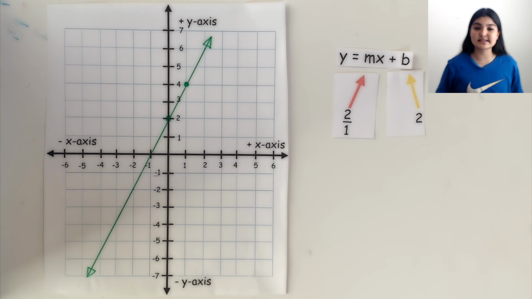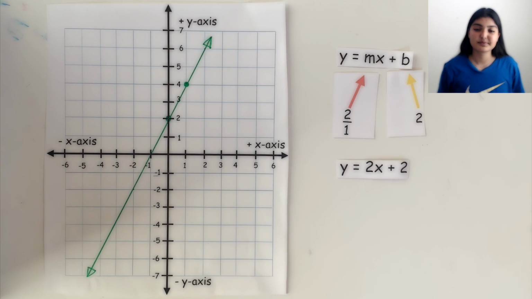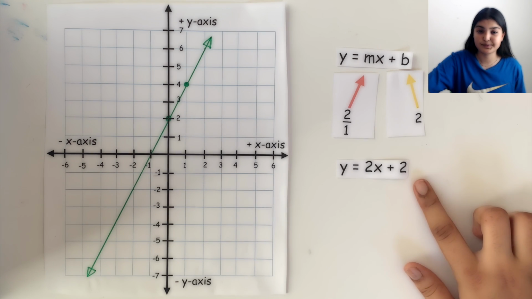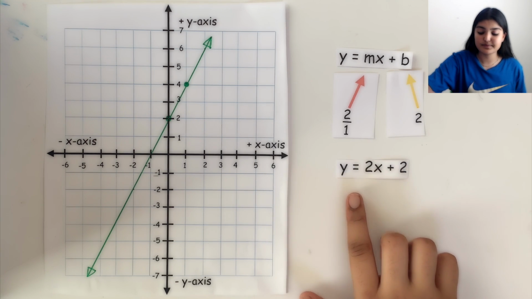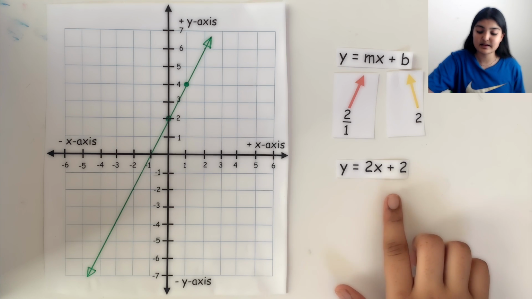Now, let's put this all together. One way we can describe this line is by this equation: Y is equal to 2 times X plus 2.